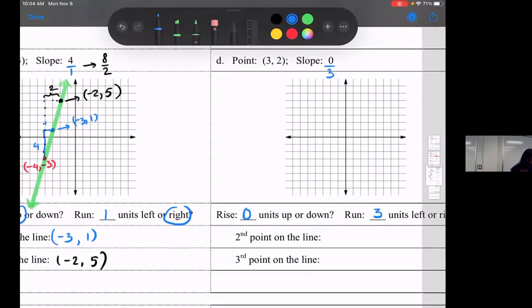So from (3, 2), you always start with your point (3, 2), right, up to right here. And then you rise 0. That means the 0 height, right? So you stay where you are, and then you go over 3 units.